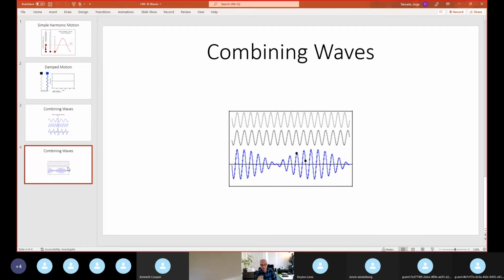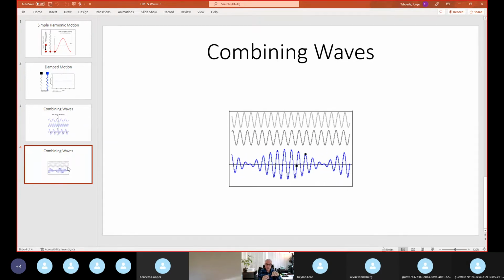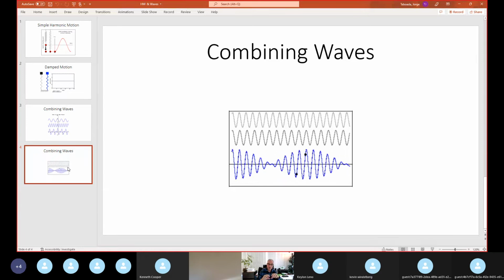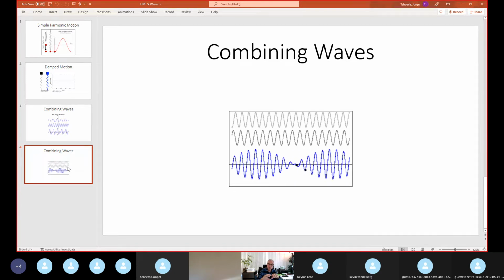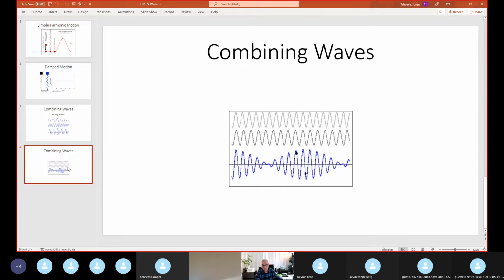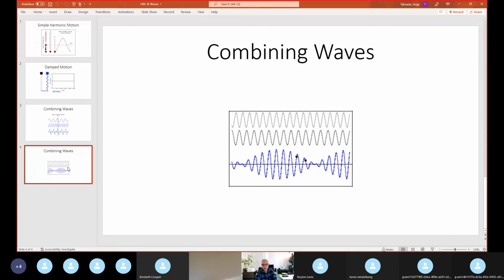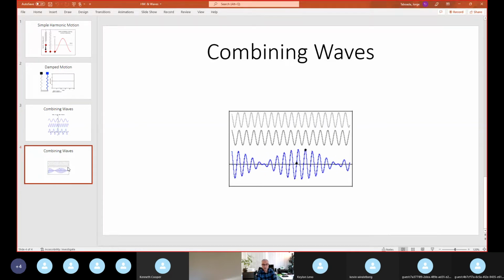You see, it's interesting because the amplitude is increasing, decreasing, and increasing and decreasing. And this is modulation, amplitude modulation. Okay.